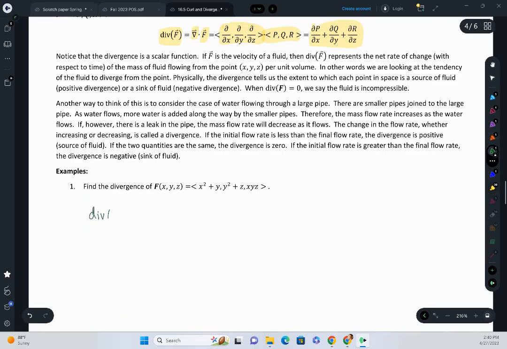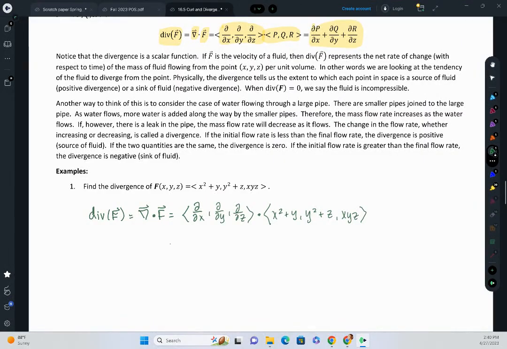We have div of F, and that just means we're going to take the del operator and dot it with F, which means that we have ∂/∂x, ∂/∂y, ∂/∂z for the del operator, dotted with F that has x squared plus y, y squared plus z, and xyz in its components.